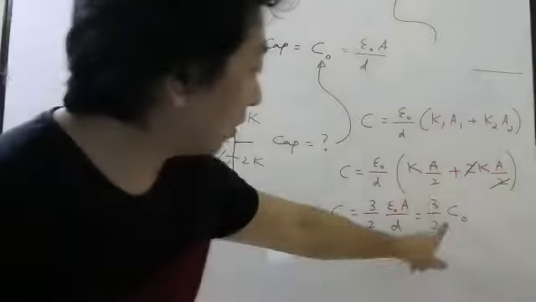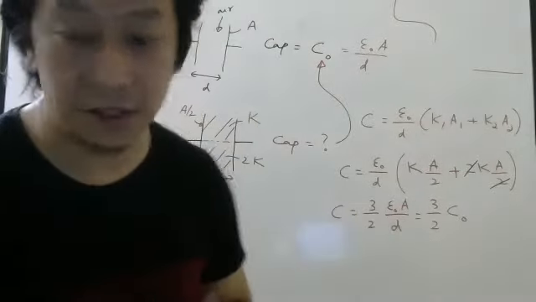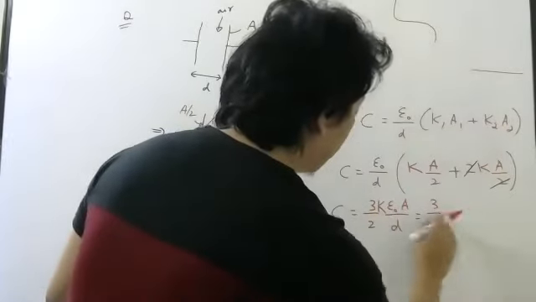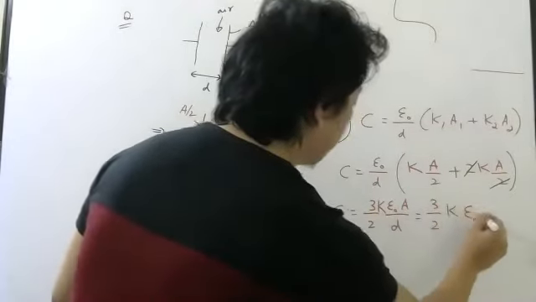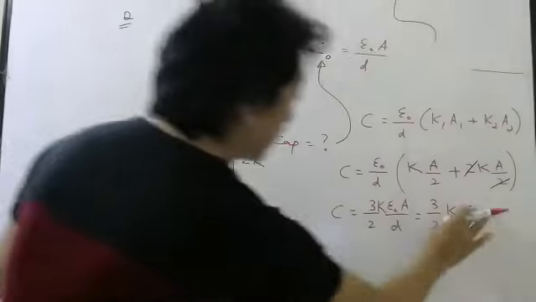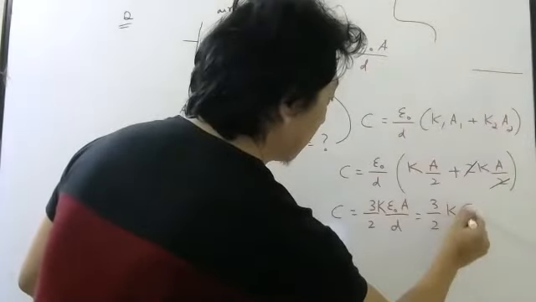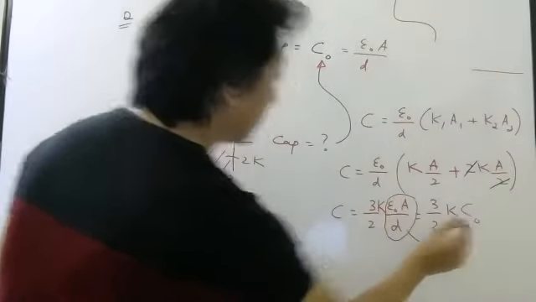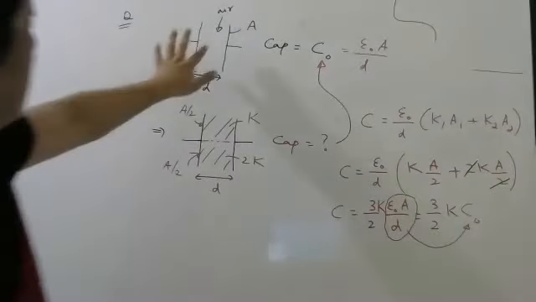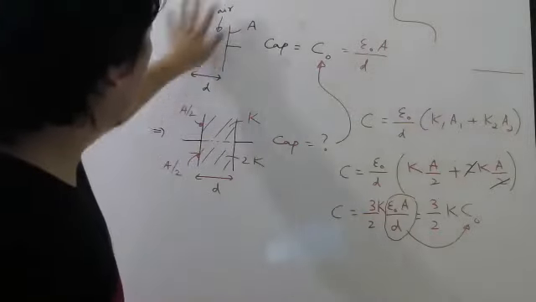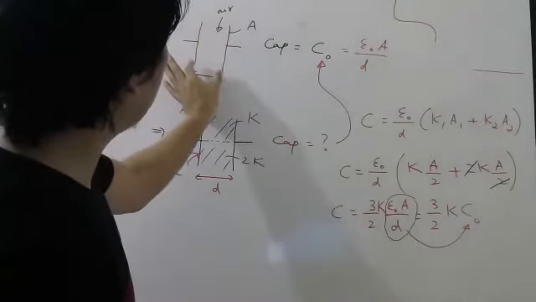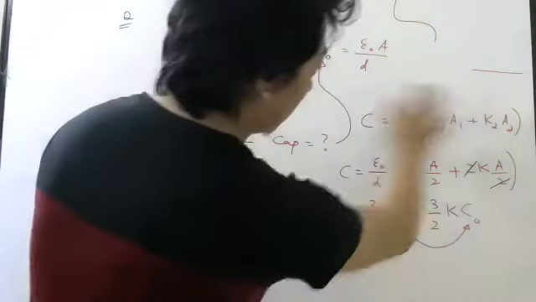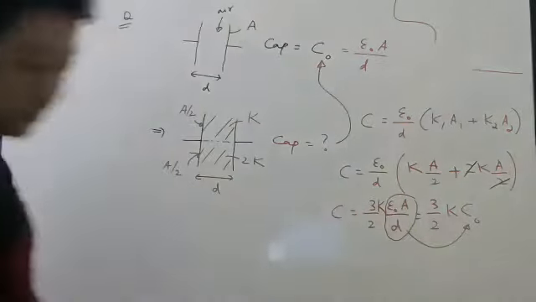I think I missed K, no? So 3 by 2 K C naught. So you remember this part is your C naught. Right, students? This is the formula for capacitance in air, whose area is A, distance is D. If you divide this way, this is what the derivation will give you.